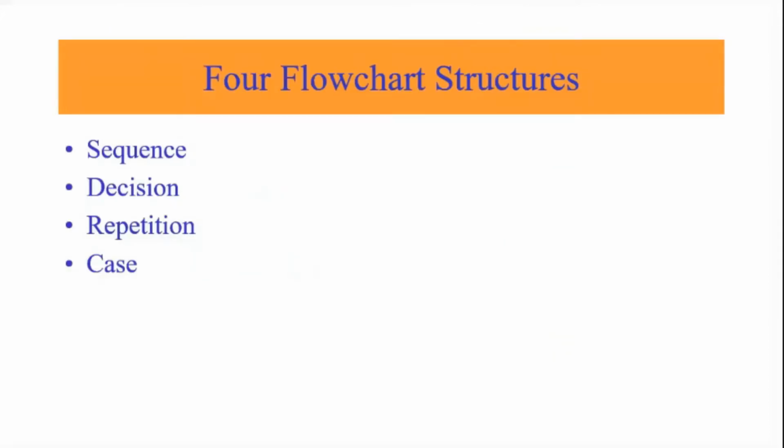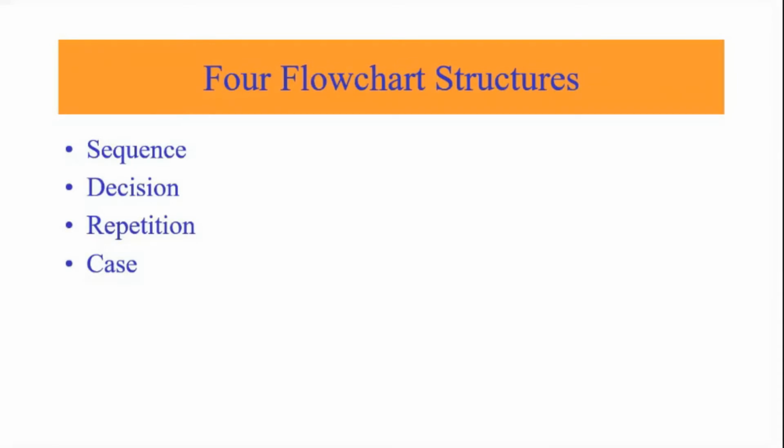Now in a flowchart, there is a possibility of 4 structures. Actually, there are more than this. There are other components also in the flowchart that we will discuss later, while we discuss the flowchart structures: sequence, decision, repetition, case, etc. As we have seen in the structured approach to programming, there were three types of structures.